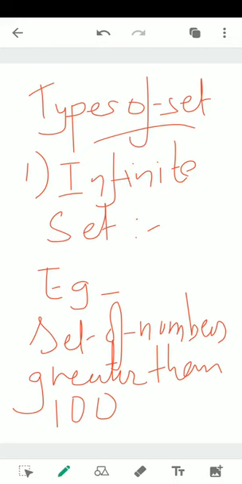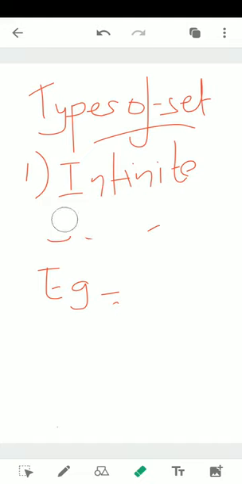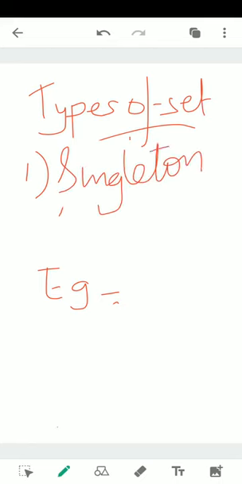So we have looked at finite set, infinite set. Now let us go to the third type of set. That set is called your singleton set. Singleton set.